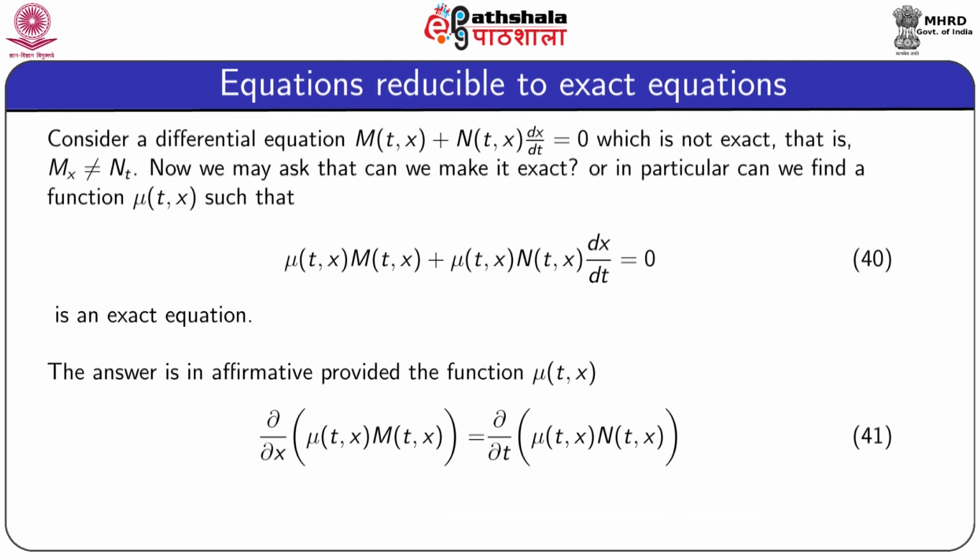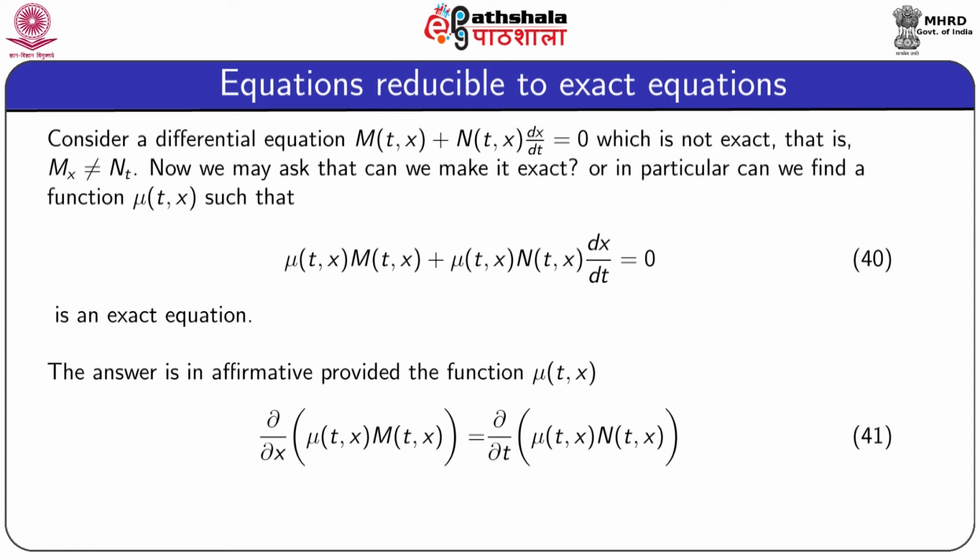Let us consider the differential equation m plus n dx/dt equal to 0, which is not exact, that is, ∂m/∂x is not equal to ∂n/∂t. Now, the question is how to make it an exact differential equation, or in particular, can we find a function mu such that the differential equation becomes exact?